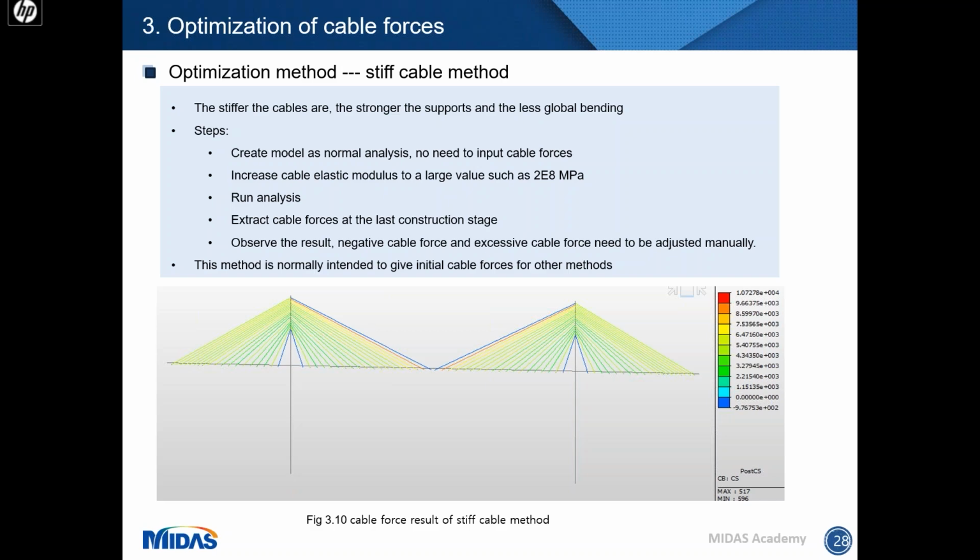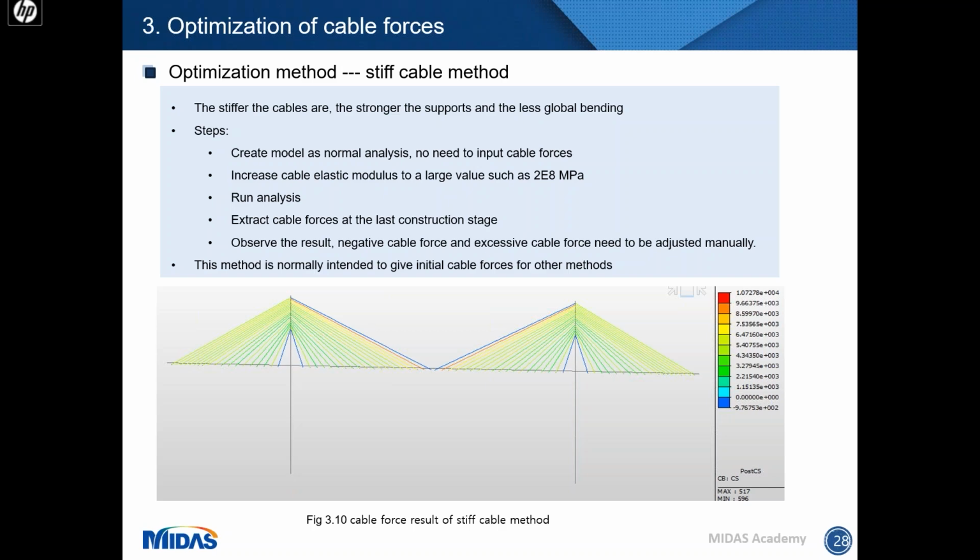Secondly, we increase cable stiffness. To do this, we can either increase the cable area or increase the modulus. I think it's easier to change the elastic modulus because it's only one number.